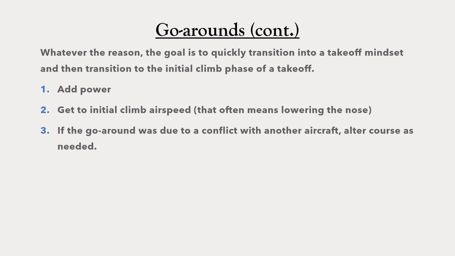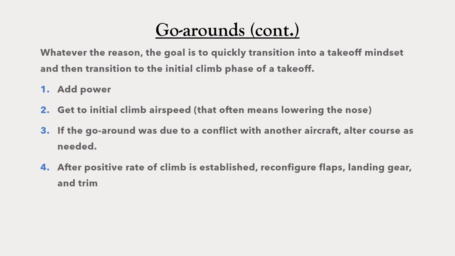So if the reason you're doing a go-around was because there was some sort of a conflict with another aircraft, then you may want to alter your course in order to avoid that conflict, move left or right of the runway, usually to the right. If there's an aircraft taking off, you want to be away from the center line of the runway.